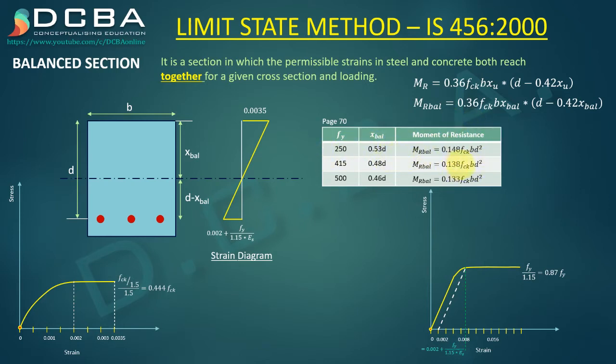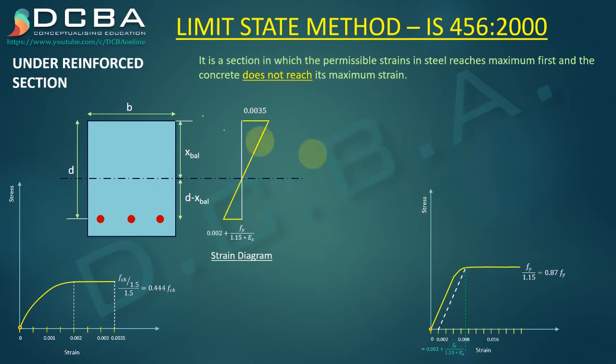For 250 it is 0.148 FCK BD square, for 415 it is 0.138 FCK BD square, and for 500 it is 0.133 FCK BD square. You will have to remember these values. First is the balanced neutral axis values, and second is the moment of resistance for a balanced section. These short formulas you'll have to remember.